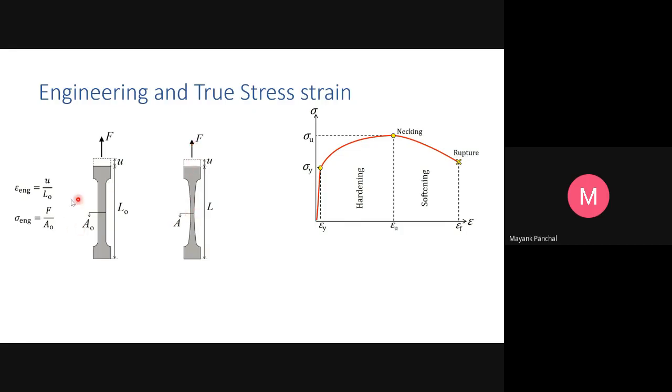So F divided by the current A will be the true stress. Similarly, change in length by L naught is engineering strain. But when you keep increasing F, initially it was L naught, then it increased to L, and you give a further increment. So the change in length is dL, and L is continuously changing. That is the true strain.